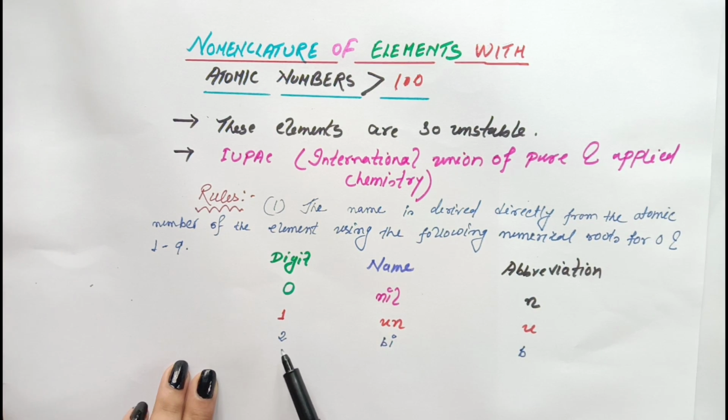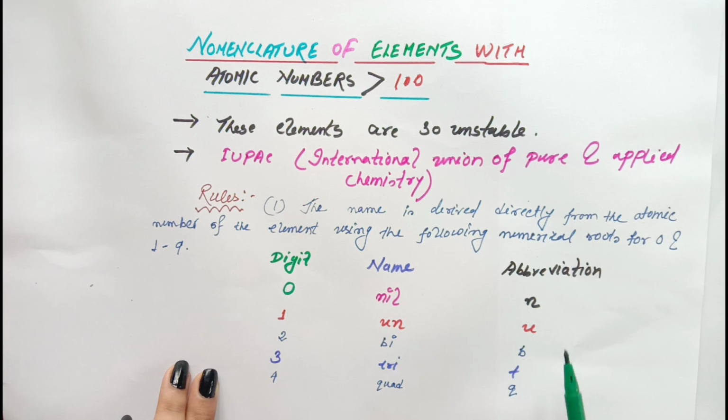For the digit 2, the name will be bi and the abbreviation is b. For the digit 3, the name will be tri, abbreviated as t. For the number 4, the name will be quad, abbreviated as q.